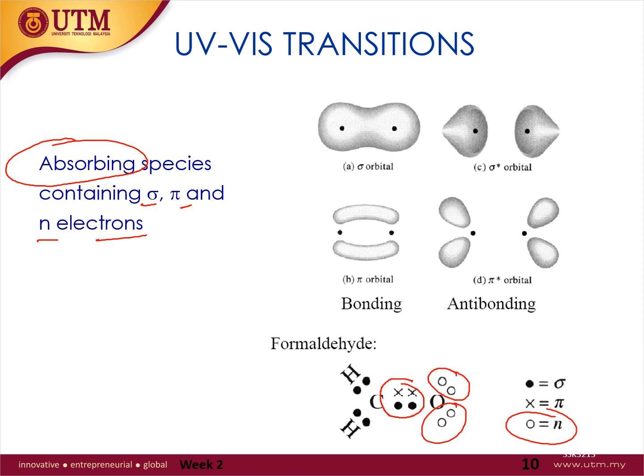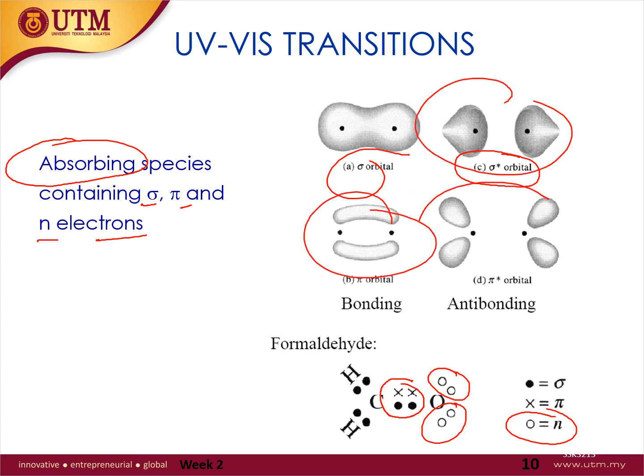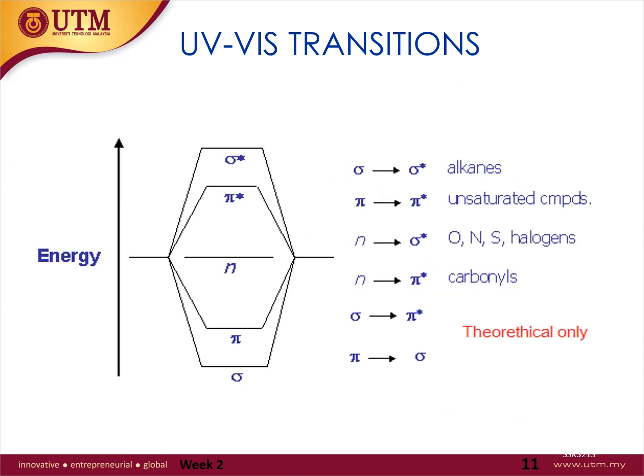If you have a pi orbital, and then when you have anti-bonding pi star, you have something like this, pi, and then you have this butterfly shape over here, anti-bonding. So let us see if we have here pi to anti-bonding pi.